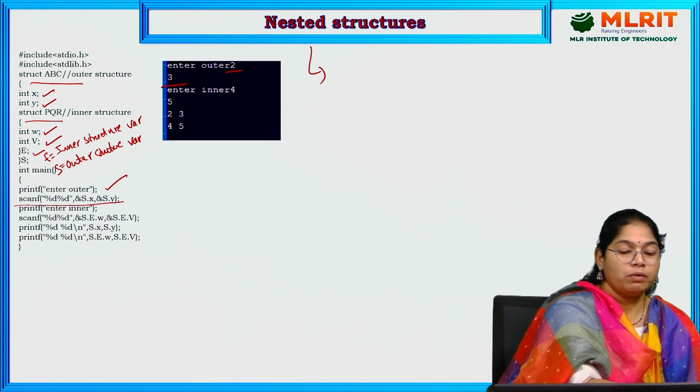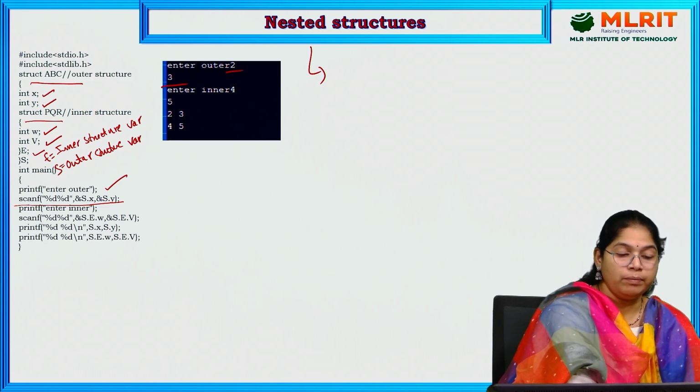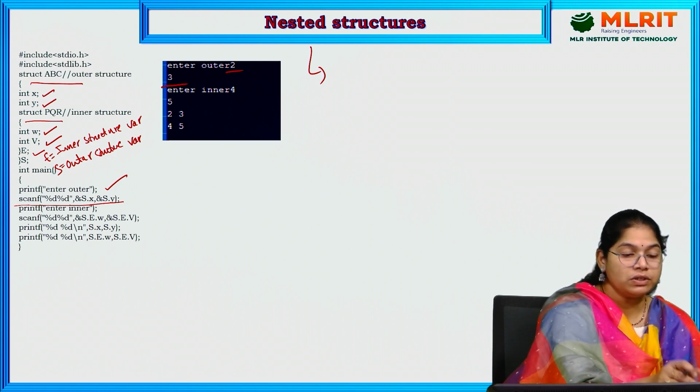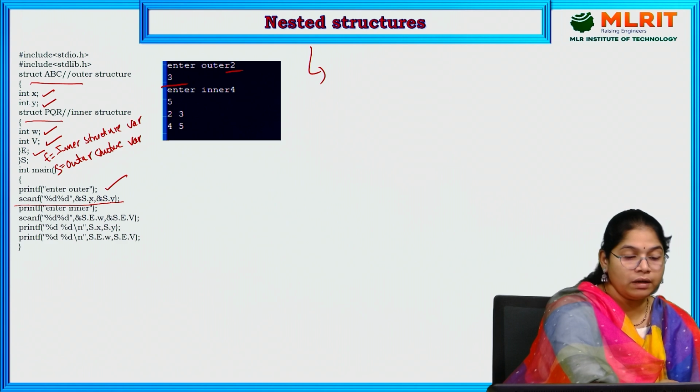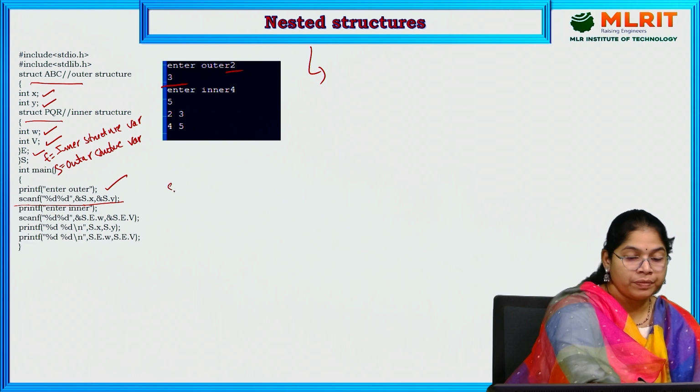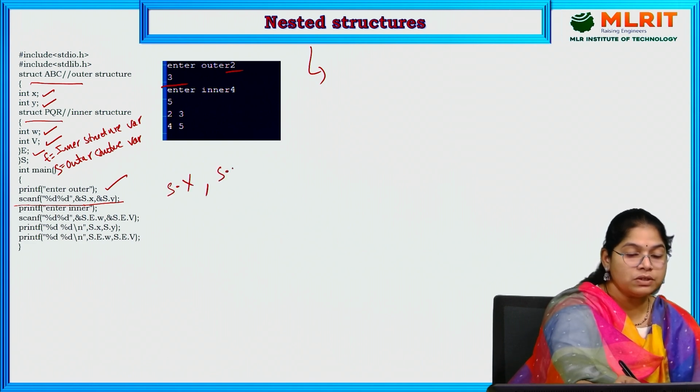So the format specifier is %d. Then I want to scan the values of the outer structure. To access the member, we need the outer structure variable, then the outer structure member. The outer structure variable here is S, dot member X, comma S dot Y, with the address of operator.